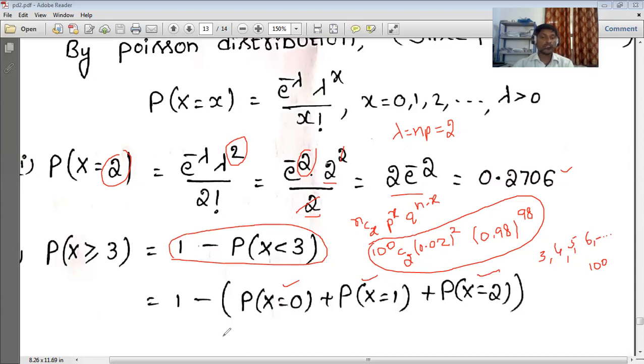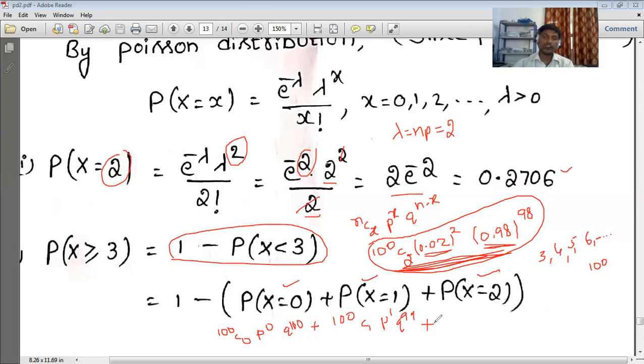Or you can apply binomial also. With binomial we get 100 C 0 p power 0 q power n minus 0, so q power 100. The p value and q value we can substitute. Plus next, 100 C 1 p power 1 q power 99, plus 100 C 2 p squared q power 98. All these things you can calculate.